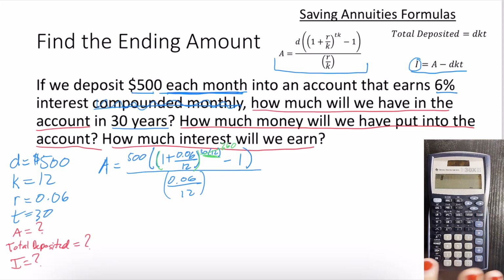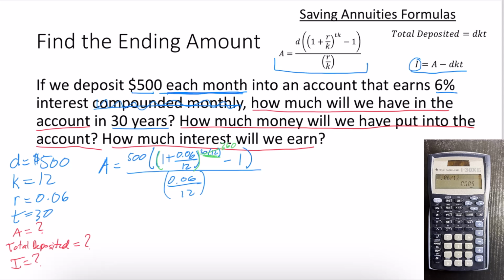So I'm going to say, okay, well, inside of the parentheses, I have addition and division, and I need to do my division first because of order of operations. So I'll do 0.06 divided by 12, and that equals 0.005.